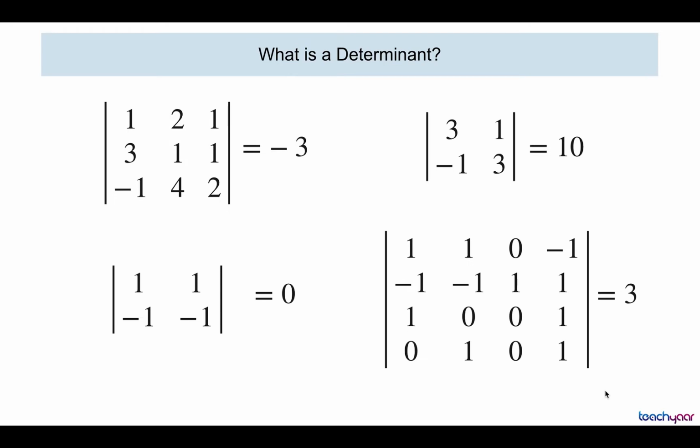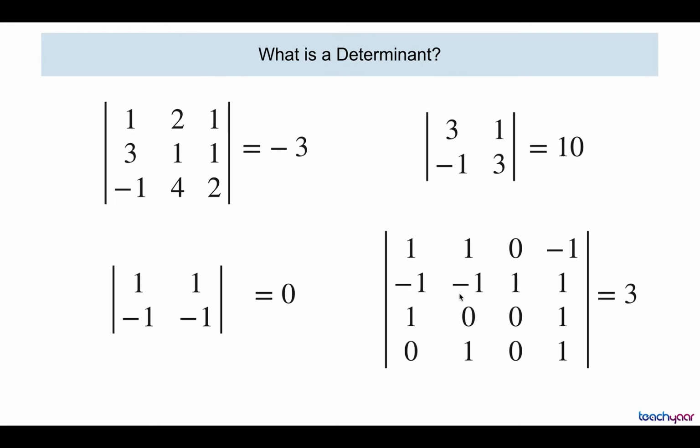So, what do you observe about these 4 cases that I've shown you? One, to represent a determinant, I've replaced the square brackets with straight lines. Two, each of these is a square matrix: 3 by 3, 2 by 2, 2 by 2, 4 by 4.